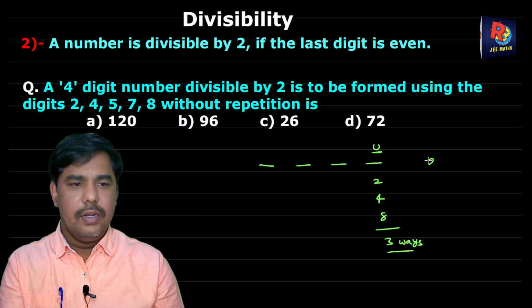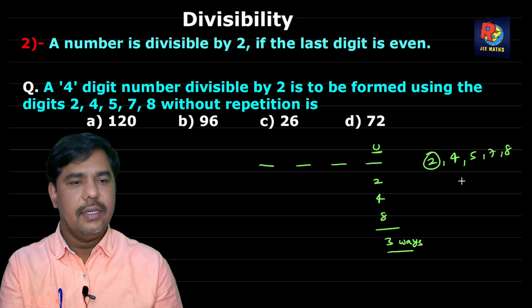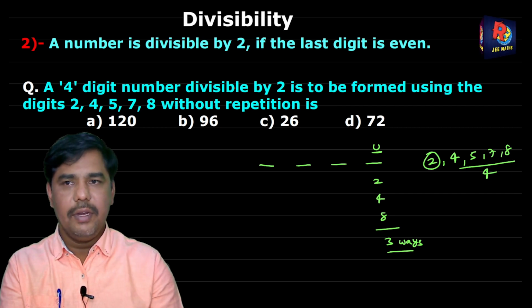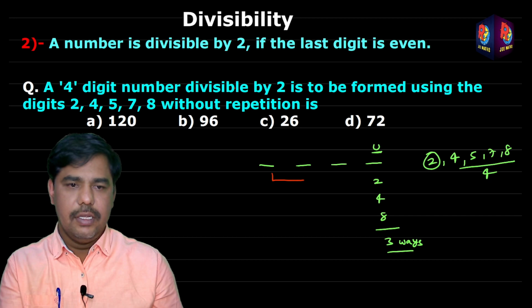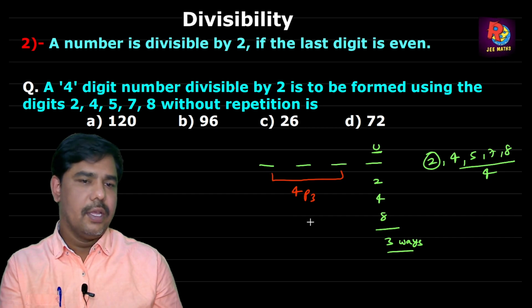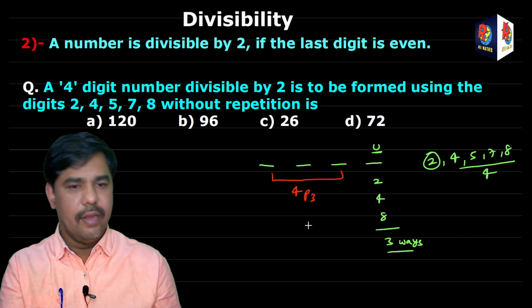For example, here we have 2, 4, 5, 7, 8. If I take 2 in the unit place, then the remaining 4 digits can fill the 3 blanks in 4P3 ways. Like that, if I take 4, again 4P3. If I take 8, again 4P3.